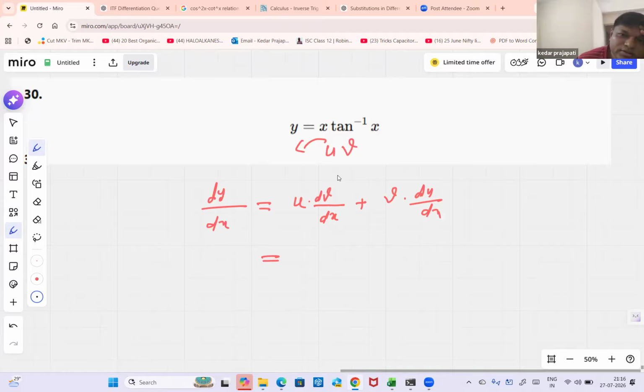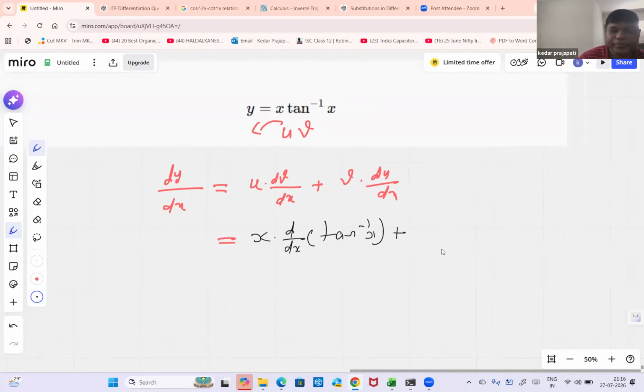Now tell me, I'm taking x into 1 by 1 plus x square. No, you should not write directly. d by dx of tan inverse x. Why are you skipping this step? We are learning, beta. We have to write everything. Now tell me, tan inverse x into dx by dx.